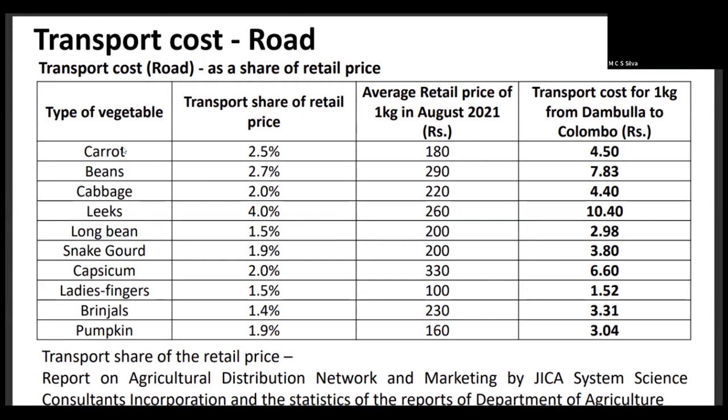So every vegetable has a different transport cost when it comes to road transportation. As an example, leeks average retail price is 260 per kg. The transport component is 10 rupees and 40 cents. Likewise, I have mentioned the 10 vegetables transport cost when it comes to road transportation.